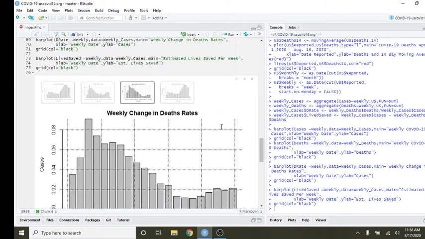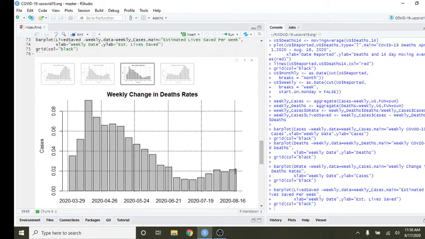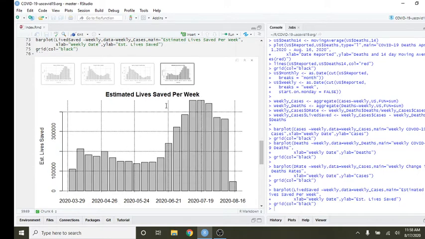Weekly change in death rates. Actually, I converted this back to the estimated death rates by week. So you can see we peaked back here at 9.1. As of last week, we continue to hold at around 2%. Now, if we look at that as a difference between 9.1 and 2%, that's a 7% decline.